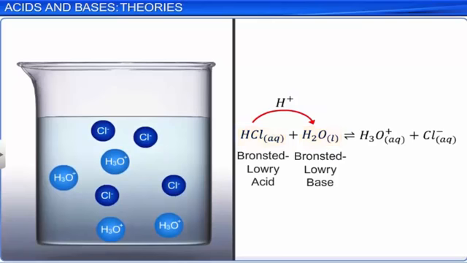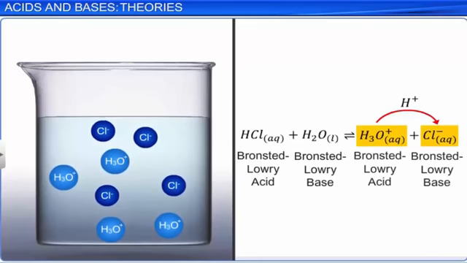As you can see, in the reverse reaction, the H3O+ ion acts as a proton donor and the chloride ion acts as a proton acceptor. Thus, the H3O+ and Cl- ions act as Bronsted-Lowry acid and base, respectively.